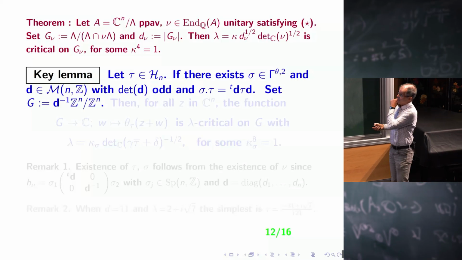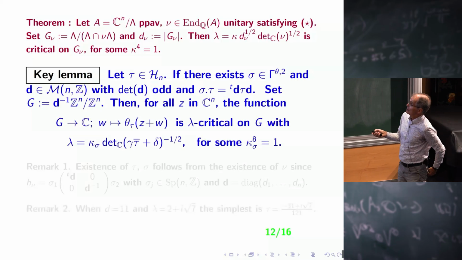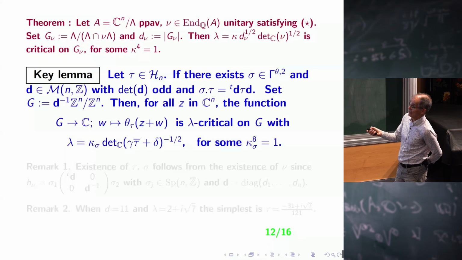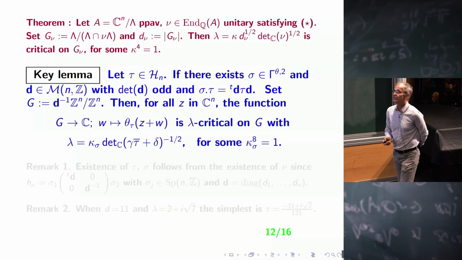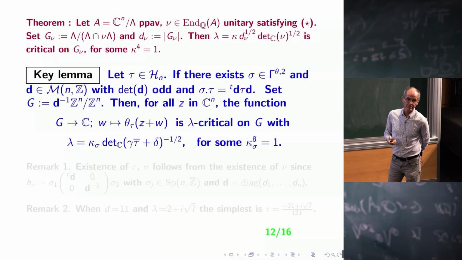Then the statement is that all the translates by an element z of the theta function, if you look at them as functions on G, are eigenfunctions for this critical value, determinant of gamma tau bar plus delta, square root. So this is the key lemma.